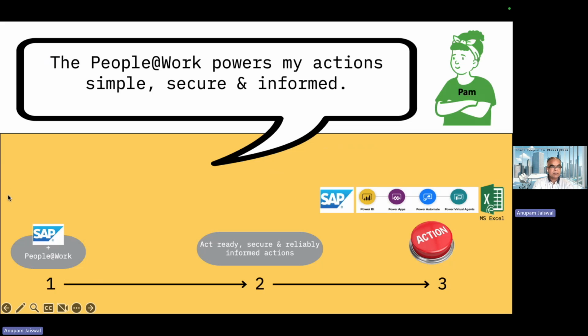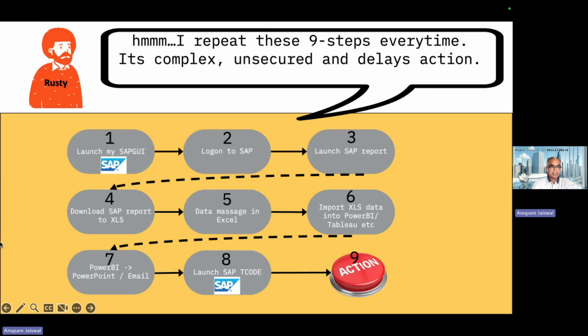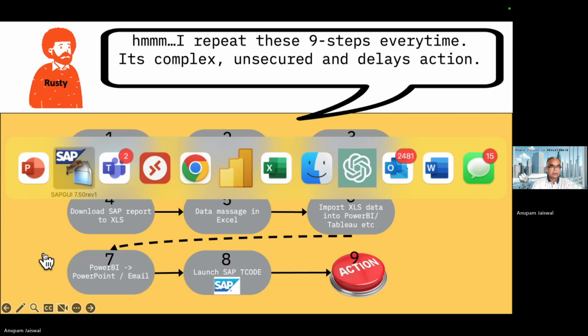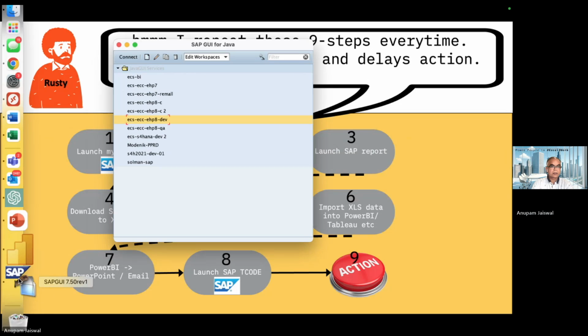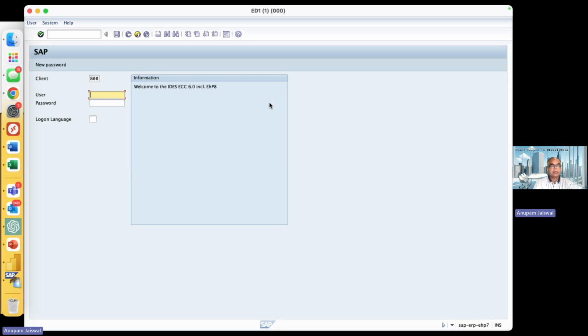So first, let's take the persona of Rusty, who, if you remember, is the one who does these 9 steps. So logging into SAP as Rusty.